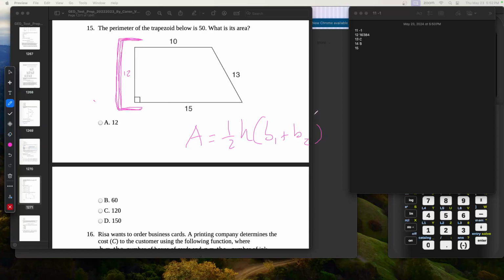So here's the question. Which one is the height? What is the height of the trapezoid? 12. Very nice. And then hopefully you also understand that B1 is 10, B2 is 15.